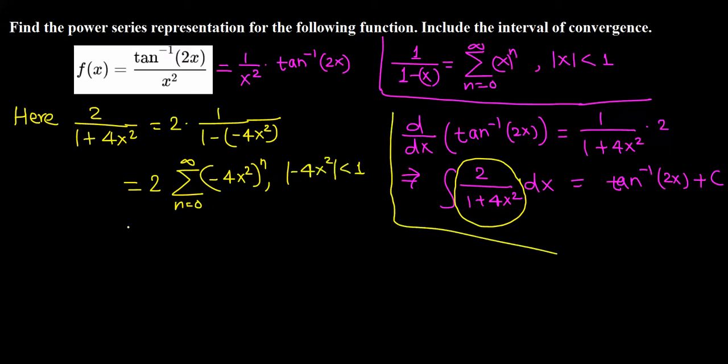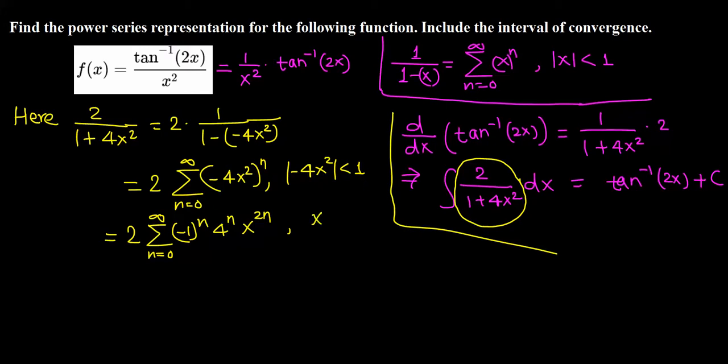Okay, let's simplify this. Outside, the sum from n equals 0 through infinity, this is negative 1 times 4, so negative 1 raised to n, 4 raised to n, and x raised to 2n. Okay, and let's simplify the condition. The absolute value of negative 1 is 1, so the negative is gone. This 4 we can pull to the right hand side, 1 over 4.